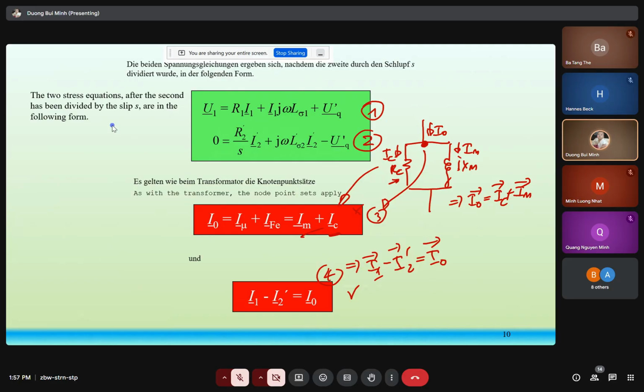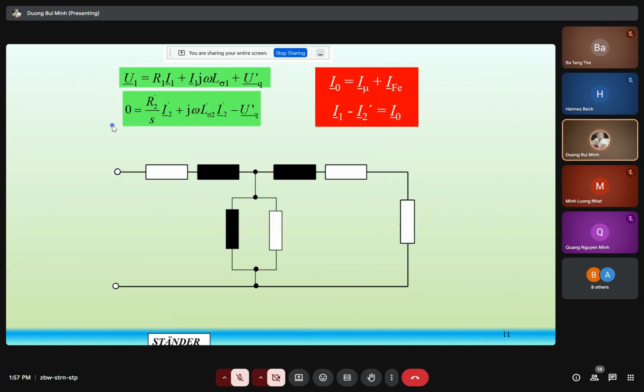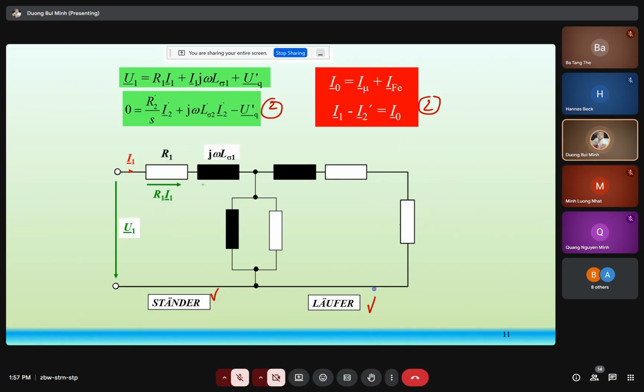Okay, so here we have two voltage equations and two current equations. Here this is the stator, this is the rotor. We have R1, and this one is jX1.